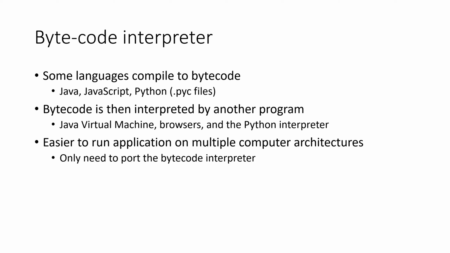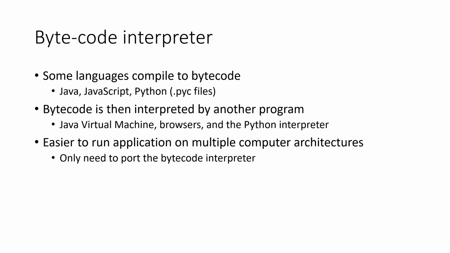One advantage of using bytecode interpreters is that it's easier to port an application to multiple different architectures. Instead of writing a compiler and making sure that everything works on the second architecture, the only thing you need to do in this case is port the bytecode interpreter. For example, if we write Python code, we can run it on Windows, Linux, and Mac, and on different architectures.